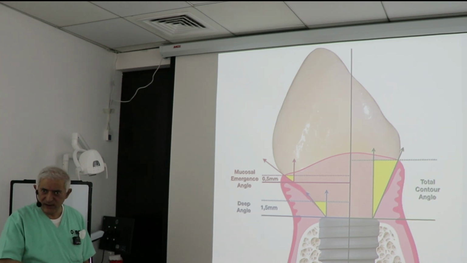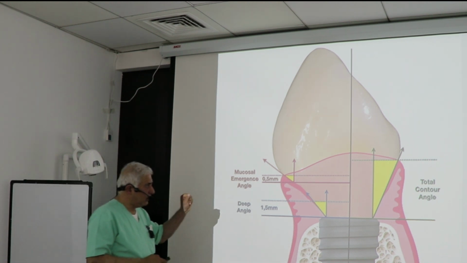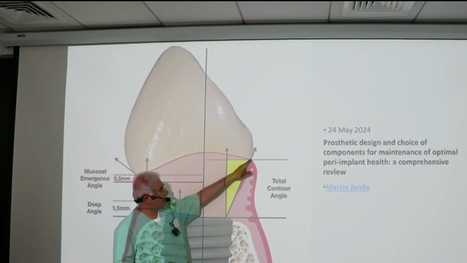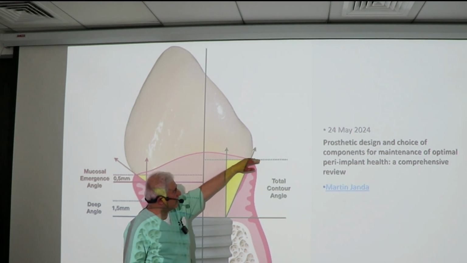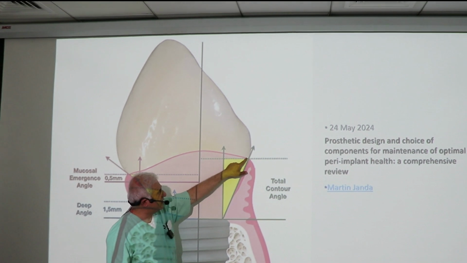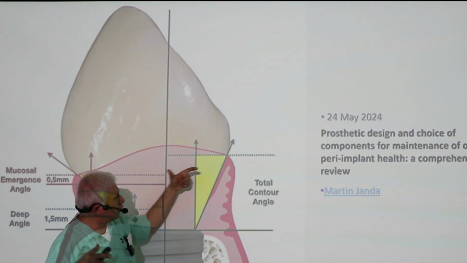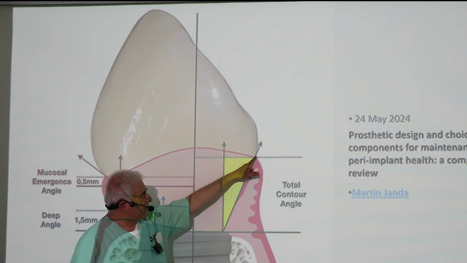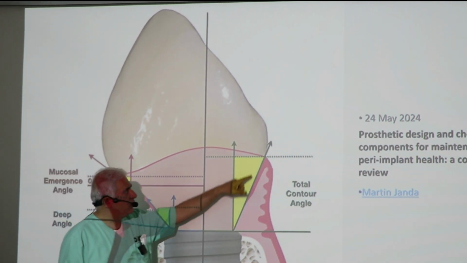Can I just go 10 slides? Okay, so the total contour angle, you can reach just where you can see with your eyes where the gum ends. So here, it should be almost closing the contact. But how to get from here to here?